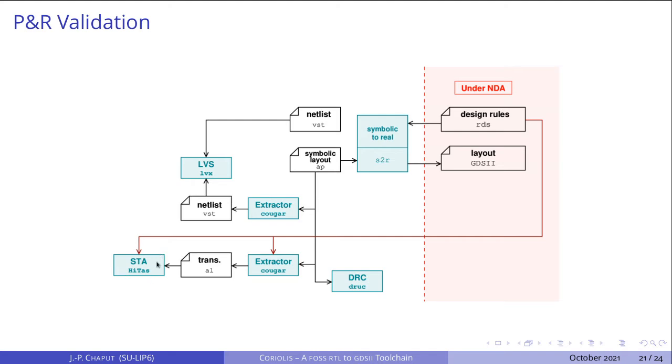And we can see if there are hold violations, long chains, and so on. Unfortunately, to perform those steps, we still need much information that is kept under NDA. So maybe you will not be able to perform that step correctly.